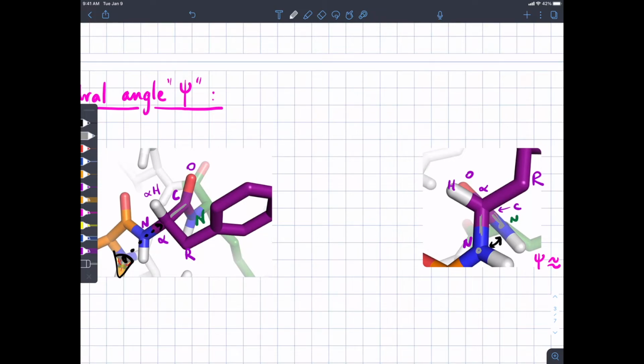I don't want it to be one of those questions where, oh, how would it show up on a test? But if we were asked about it, we just need to identify, okay, we're given an image, we can find the atoms in the backbone. Would we identify the angle that it is? I don't know that it would.